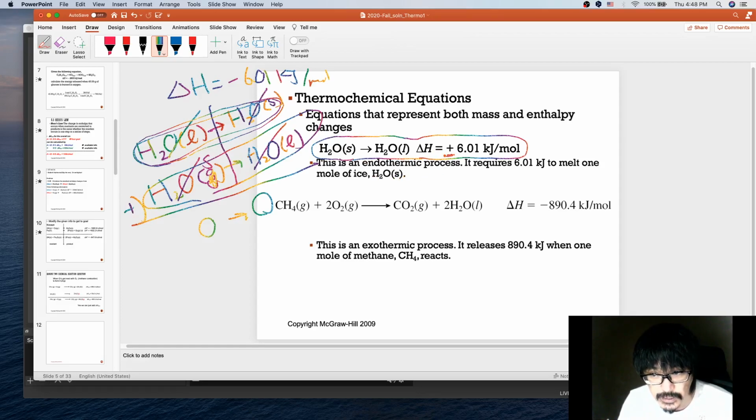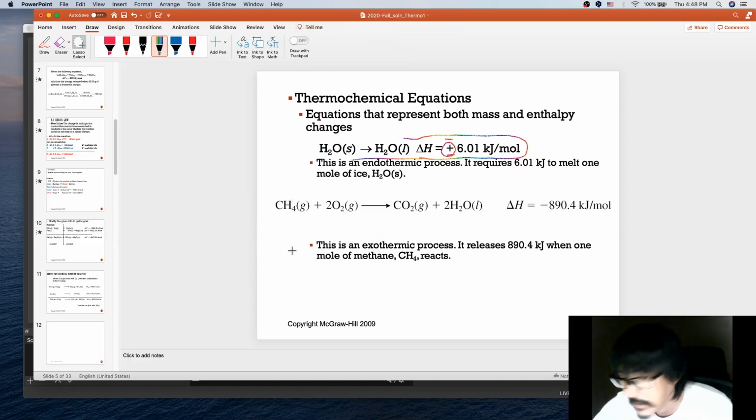If the forward case is positive, then going the other way around, H2O liquid becoming H2O solid, this process becomes negative. Okay, I think I talked about something I'm supposed to talk about in the next few slides, so I'm going to stop right here.